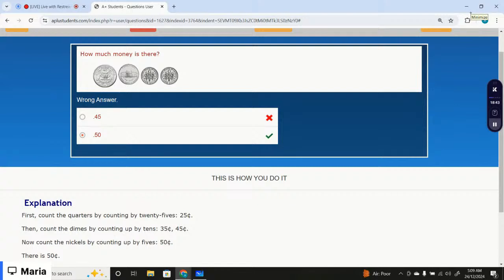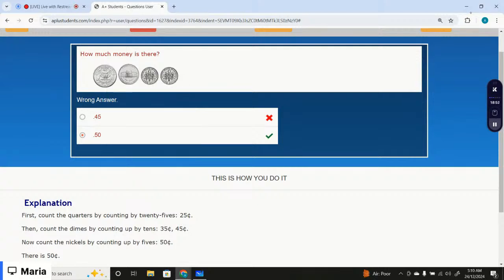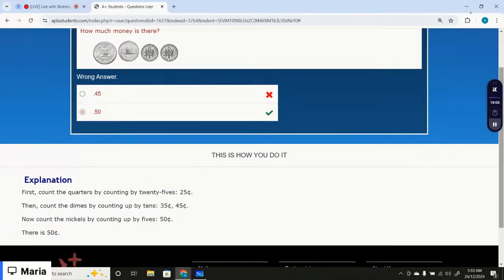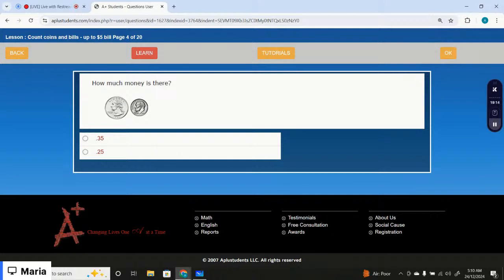That's option number two. You have a quarter. This is the quarter. You can count the quarters by 25. Then you have the dimes. You can count the dimes by 10. And then you have a nickel that you can count by 5. So that is 0.50. That is 50 cents.